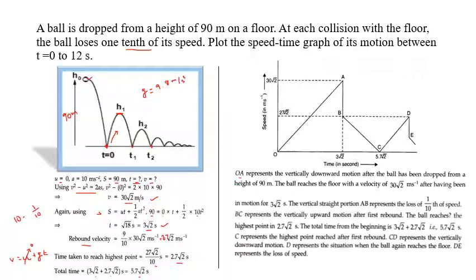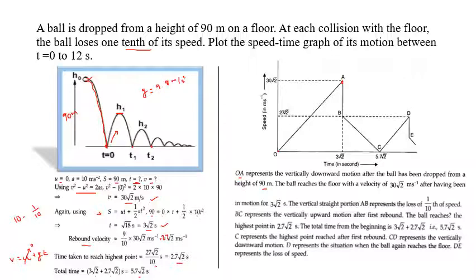OA represents the vertically downward motion. You may wonder why it is in inverse manner, but this is your two-dimensional graph. This OA direction, from point O to A, gives you the vertically downward motion after the ball has been dropped from 90 meters height, from the start until it strikes the ground.